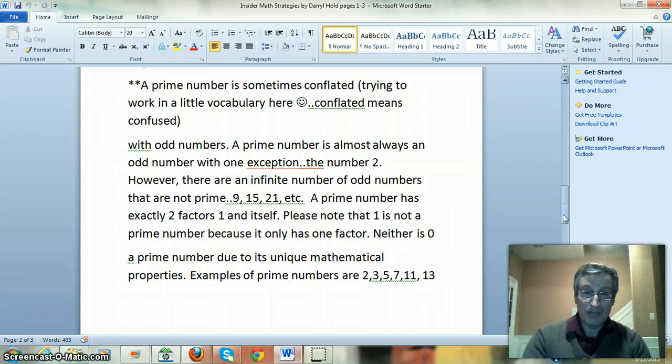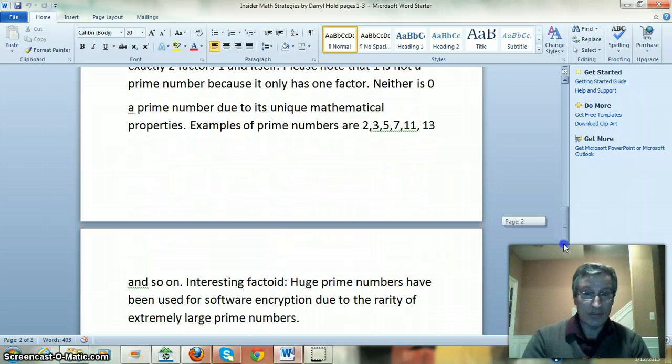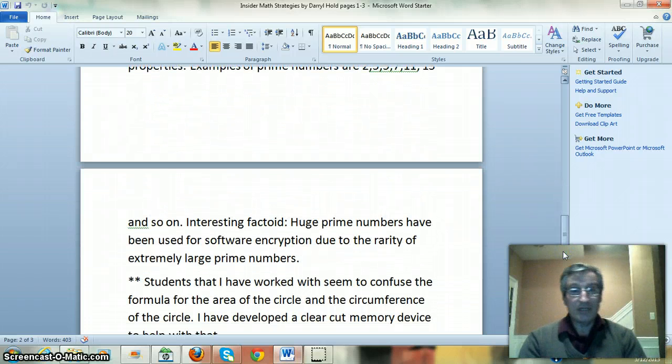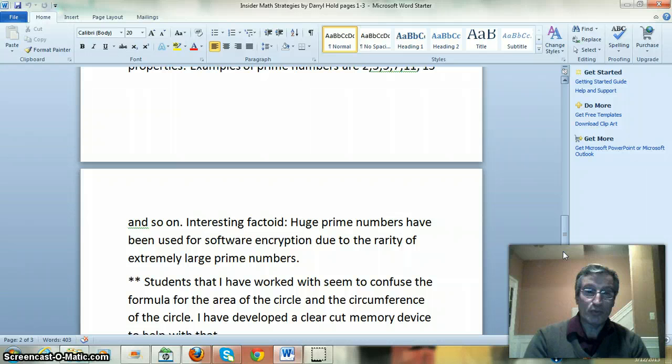So examples of prime numbers are 2, 3, 5, 7, 11, 13, 17, 19, and so on. An interesting fact: huge prime numbers have been used for software encryption due to the rarity of extremely large prime numbers. Kind of an interesting little factoid there.